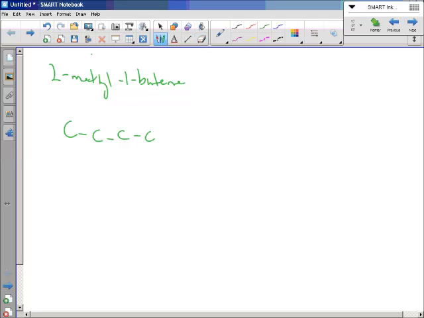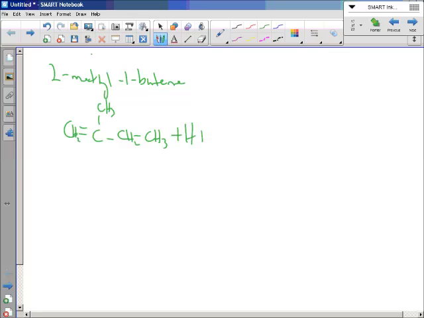Where does the double bond go? After the first carbon. Where does my methyl go? On the second one, right? CH3. And let's add our H's in: H2, H2, H3. That's the tricky part, drawing it up.